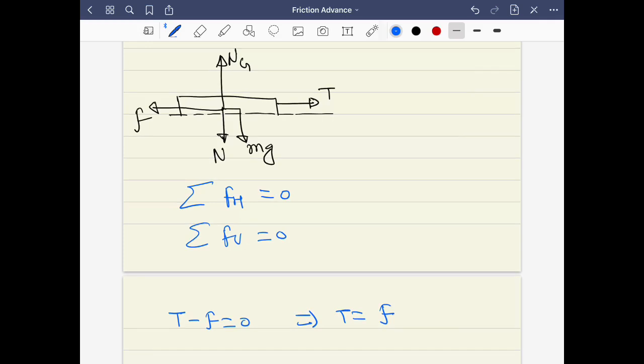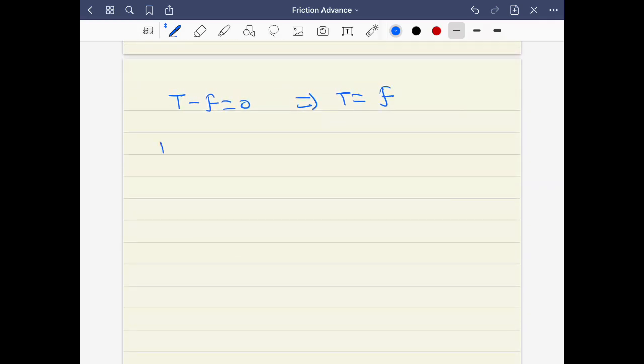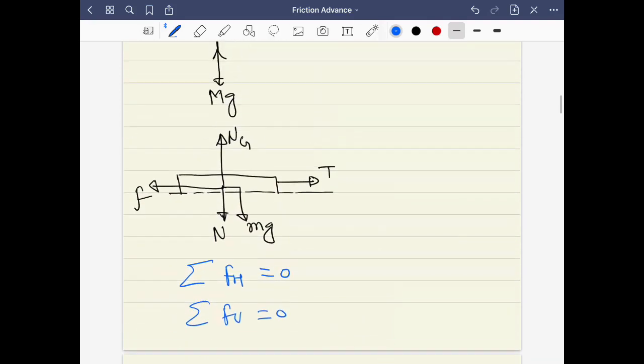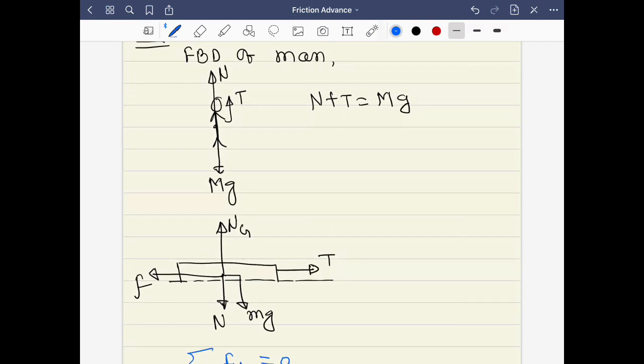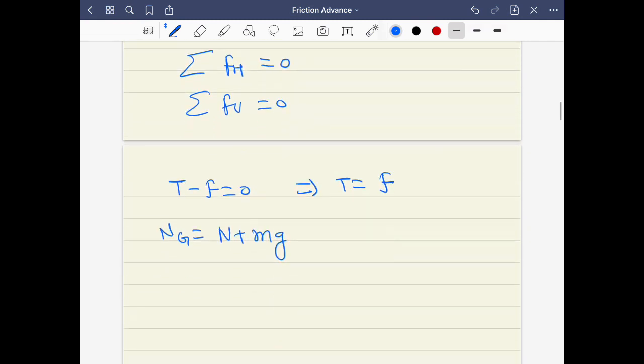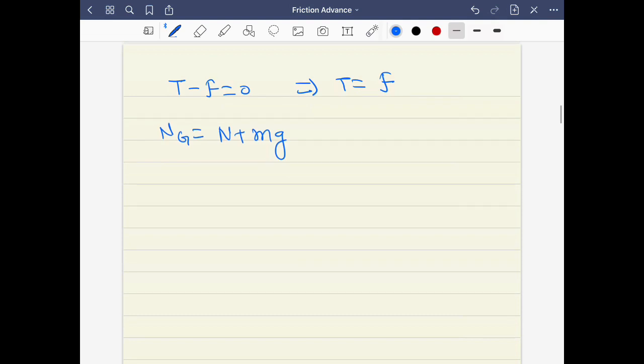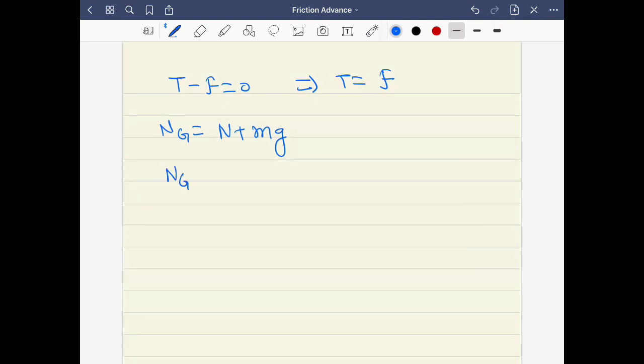And as you can see, Ng is equal to N plus mg. That is normal force from the ground is N plus small mg, and N is what is called capital Mg minus T, capital Mg minus T. So I can write the normal force from the ground, capital Mg minus T plus small mg, but we know that T is equal to f, so I can write T is equal to f.